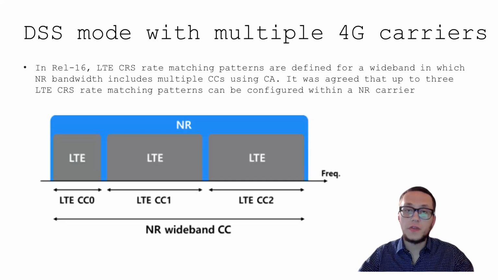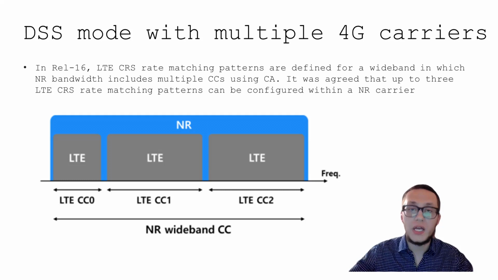And another interesting thing is that in release 16 there is a possibility to allocate several LTE bands to work with one NR band. So for example, we can aggregate 3 LTE carriers, for example 10, 20 and 20 megahertz, and then use them in DSS mode with 50 MHz 5G bandwidth.